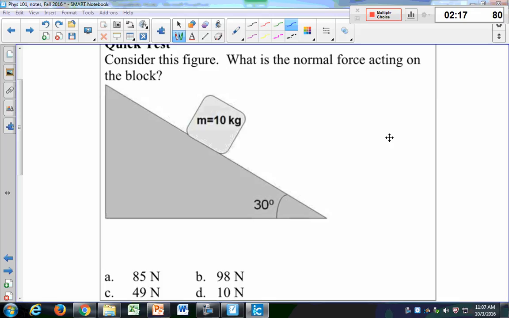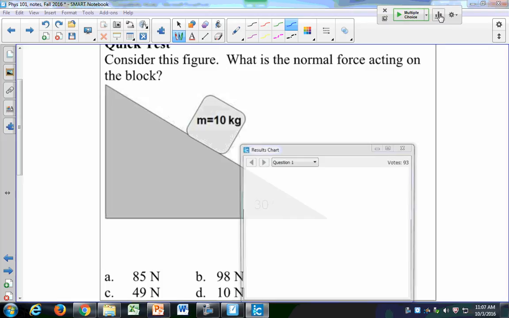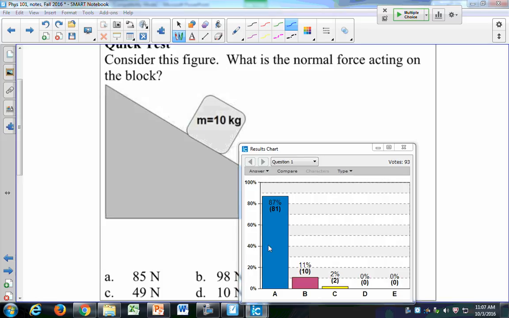All right, I'm going to stop at 2:30. It's just a few more seconds. Awesome. A is right.